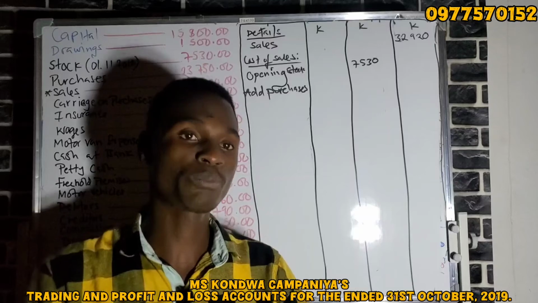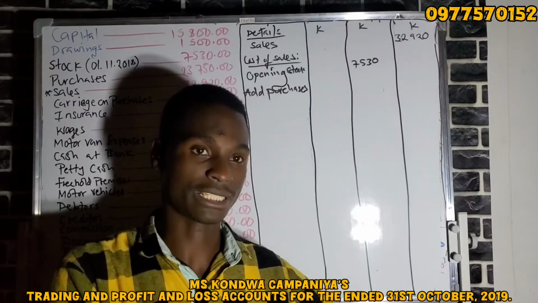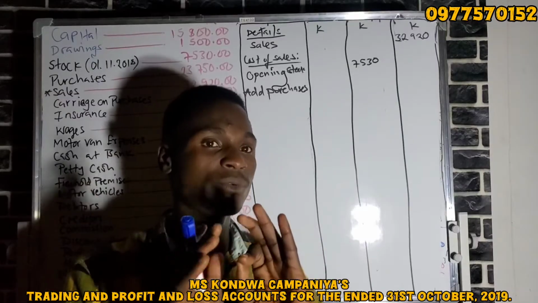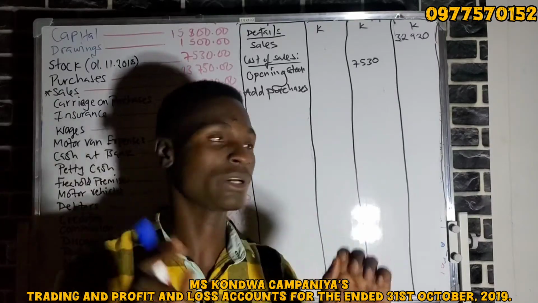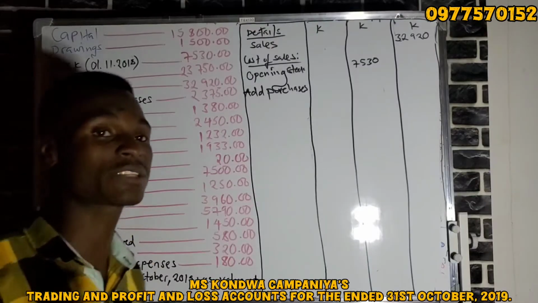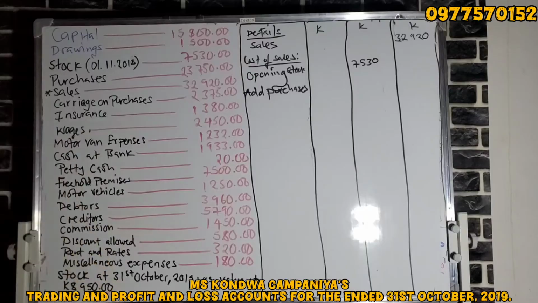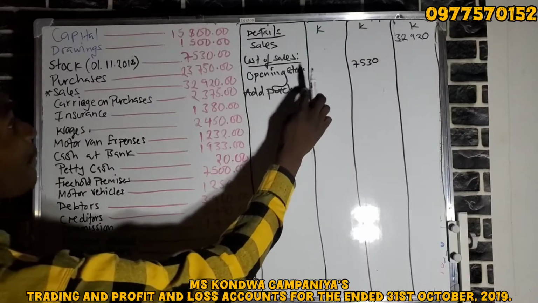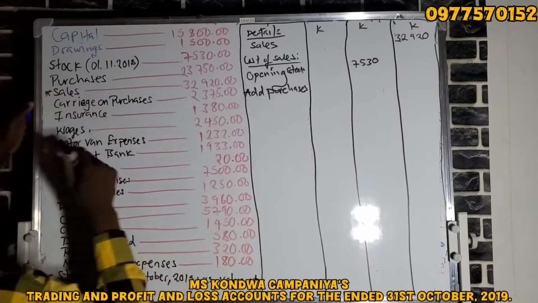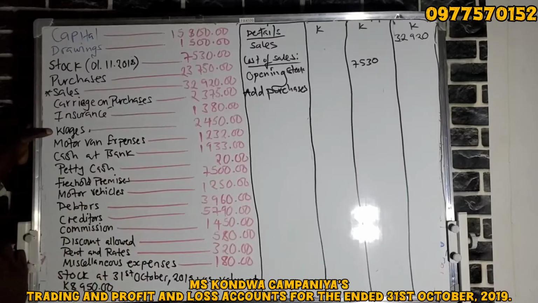The money that you pay those people is not salary, but wages. Wages on their own, as in this question, are a direct expense on purchases, including carriage on purchases. So we have two items, carriage inwards, which is carriage on purchases, and wages.